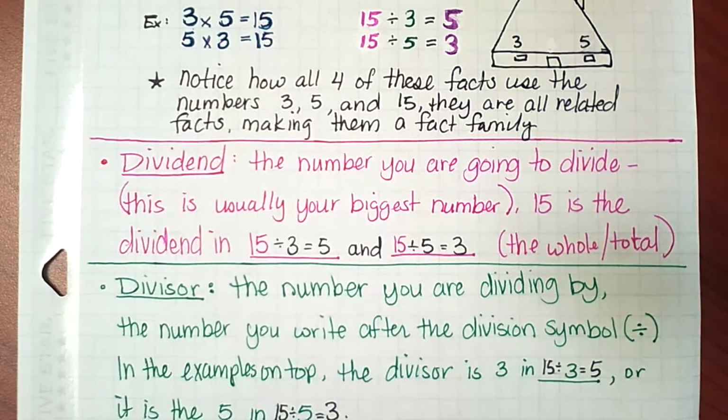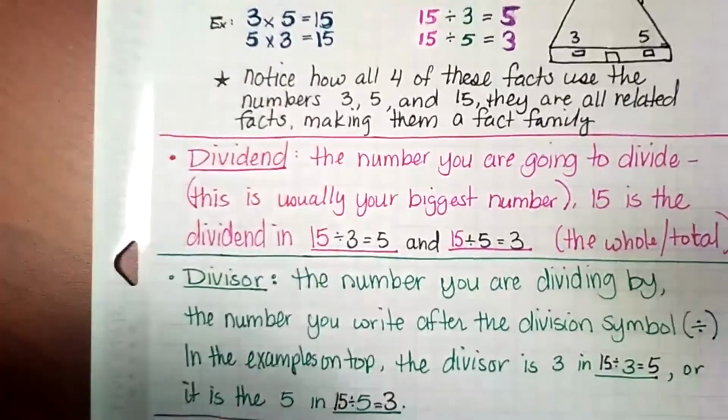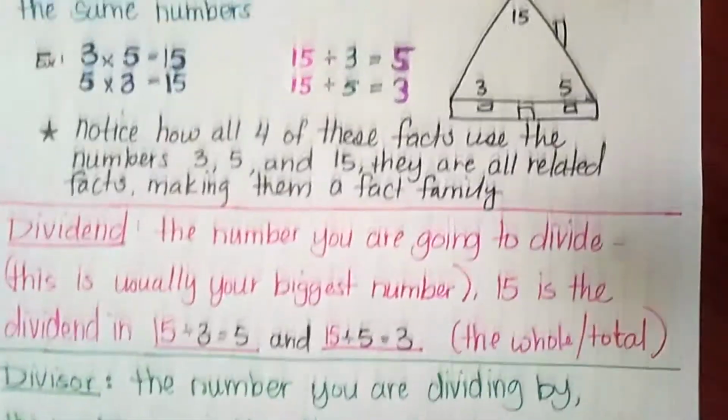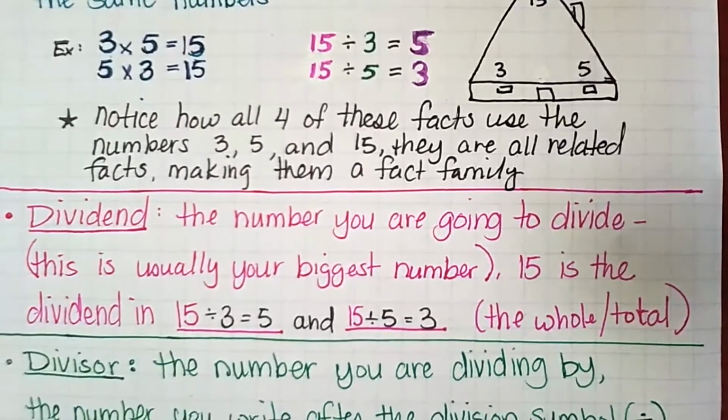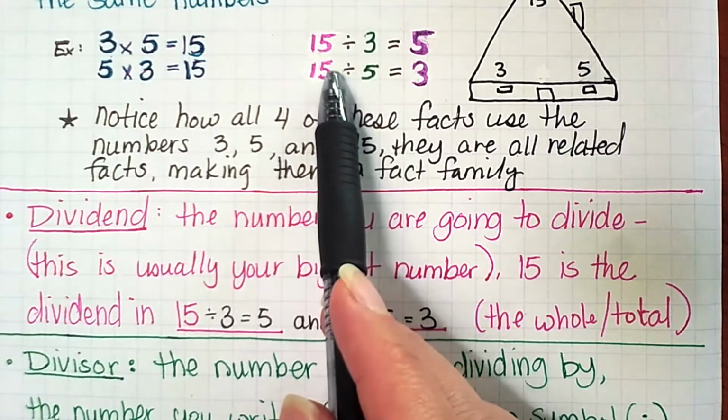Now the divisor is the number that you are going to divide by. So if you take a look at the examples, let me get in here a little bit closer for you guys so you're able to see the colors more clearly. Your divisor is the number that you will divide by. It's the number you write after that division sign.